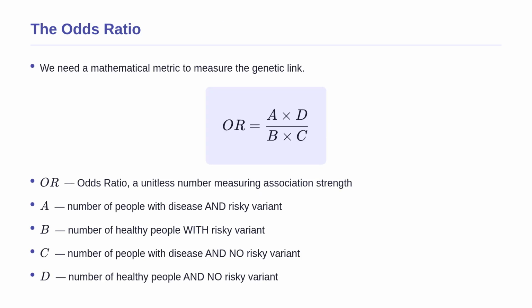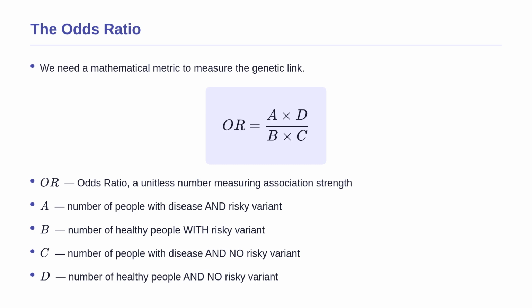Now that we understand the immense value of these studies, let us look at how they work mathematically. To figure out if a SNP is actually linked to a disease, we use a metric called the odds ratio. Conceptually, this formula compares the odds of having the disease if you carry the risky genetic variant to the odds of having it if you do not. Let us break down the symbols. OR stands for the odds ratio, which is a unitless number.